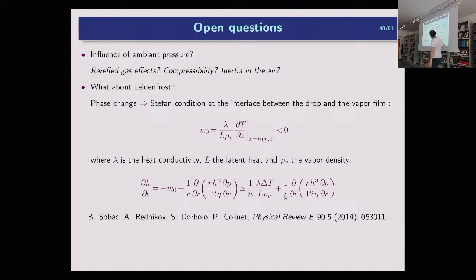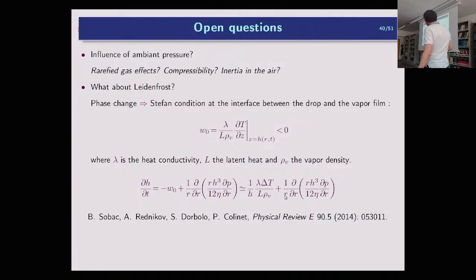The condition we have to write for the velocity of the vapor phase is the Stefan condition, which relates the heat flux at the interface and the latent heat of vaporization. So you can write this model, and then this is included into the lubrication equation as a source term. So it's not going to drain until contact, but it's going to remain like that because of this source term.